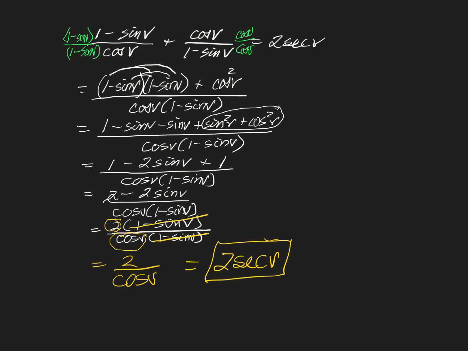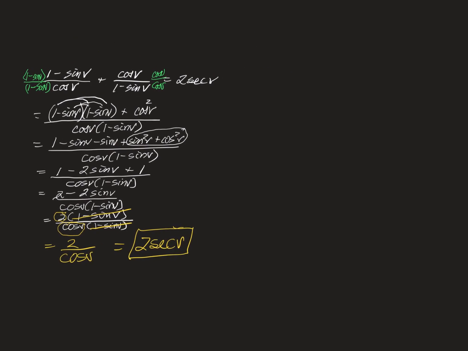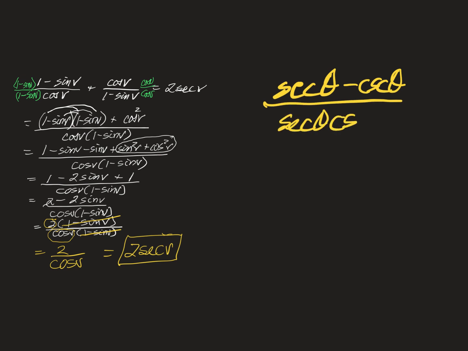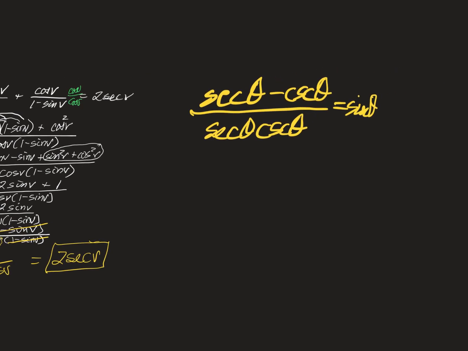Let me show you one here. Here's another one you could prove if you want, just for practice. I won't do it right now. It says secant theta minus cosecant theta divided by secant theta cosecant theta equals sine theta minus cosine theta.